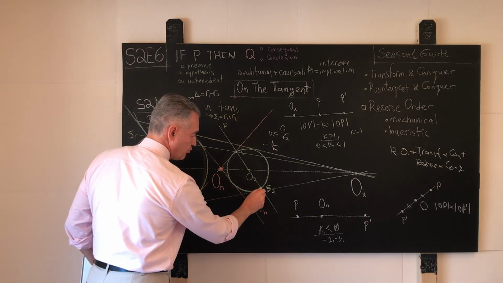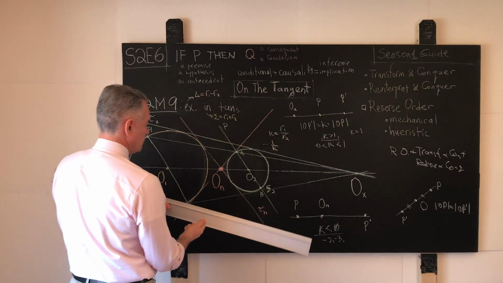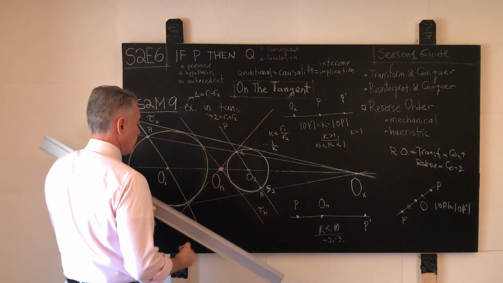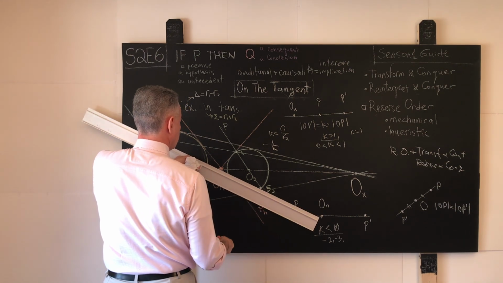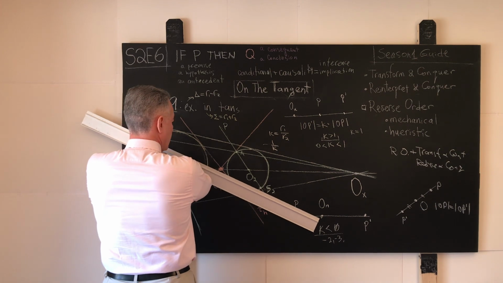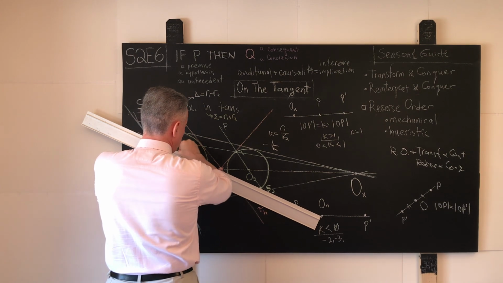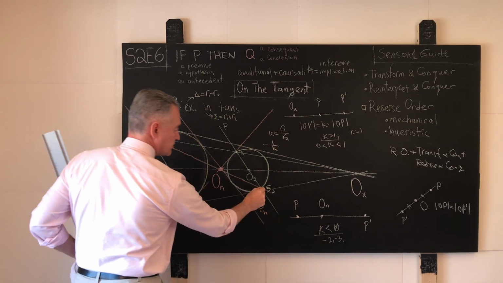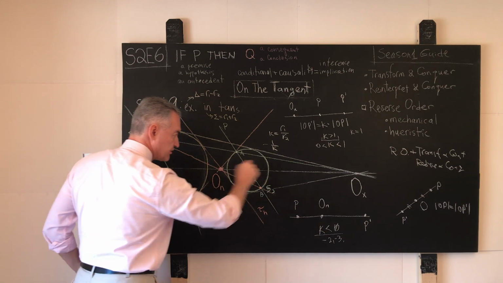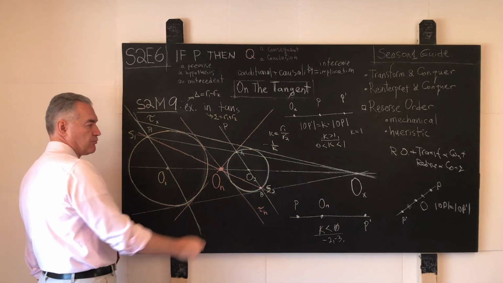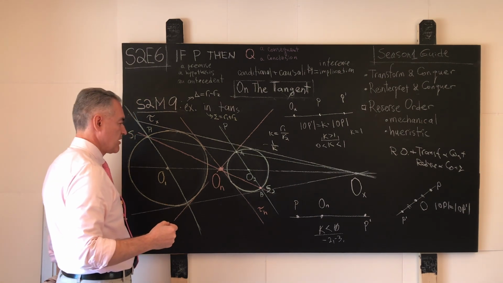Let me use the red chalk in this case. If we connect these 2 points, P1 and B, the straight line through this point B and P1 will intersect the line of centers precisely at the point that plays the role of the internal center of homothety.